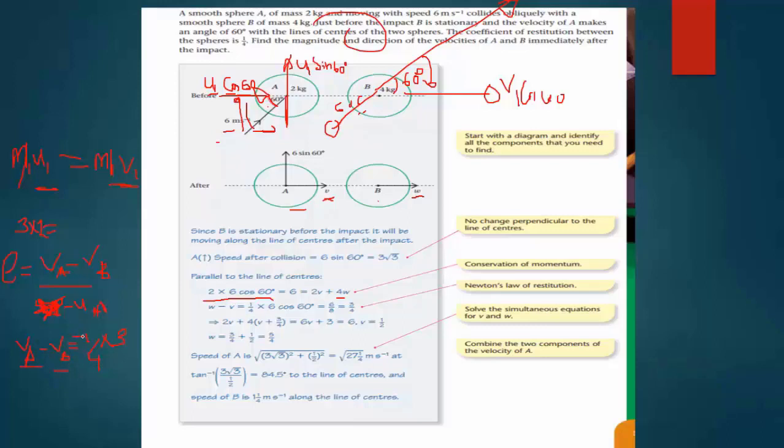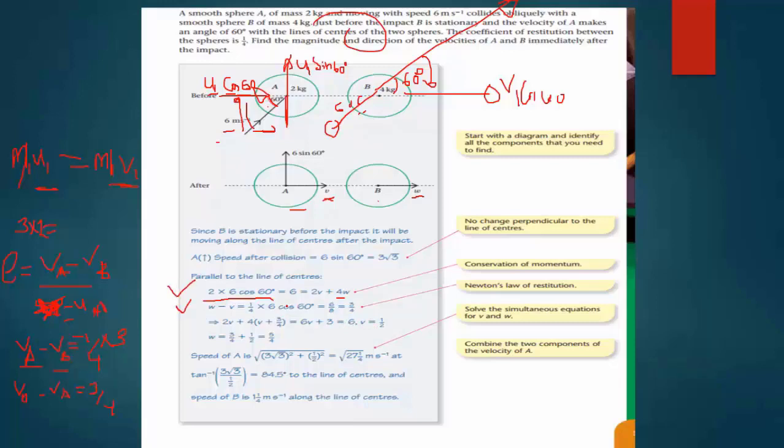Kumbuka this was negative from here. So in other words, VB minus VA itakuwa ni sawa sawa na positive 3/4, because nimezigeuza. Ndio hicho alichoandika hapa. Sawa, 3/4 from Newton's law of restitution. Therefore, we have one equation here and we have another equation here.